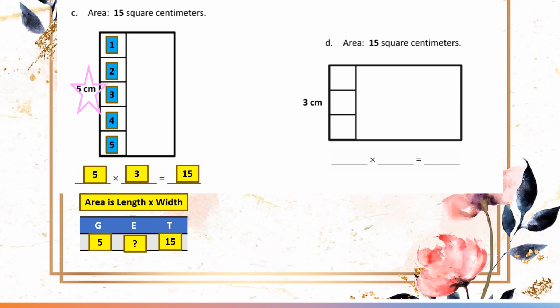So the length of this rectangle, since it's basically on its side, is 3 centimeters. 1, 2, 3. It's 3 centimeters. Now remember, area is length times width.